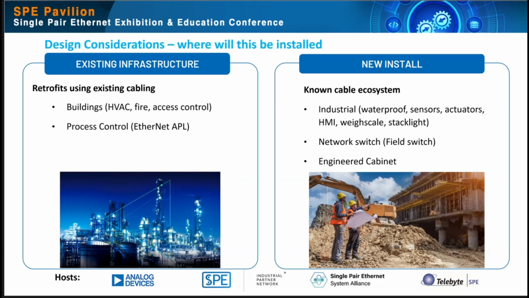So now that you've decided you're going to design a single pair Ethernet product, you've looked at the types of system architectures that you will either be implementing your design in or adopting. You can think also of the location of installation. Is this design being installed in an existing installation, existing infrastructure with existing cabling, or is this a new installation, so you have the benefit of running new cabling, new cabinets?